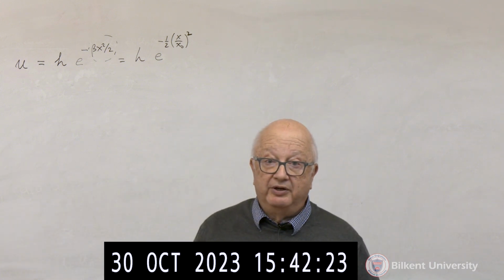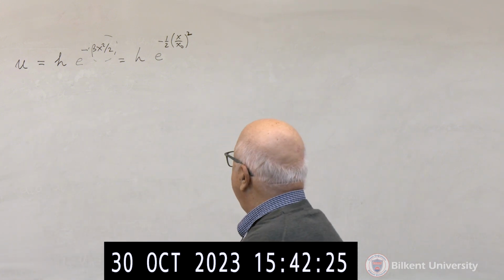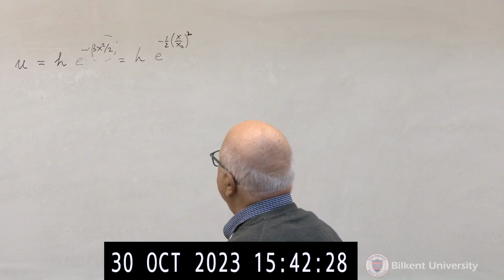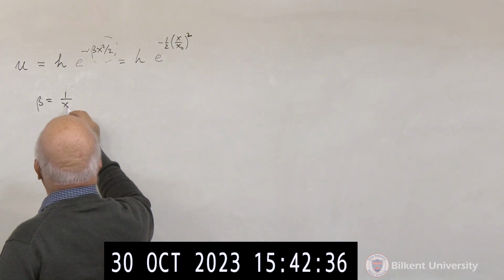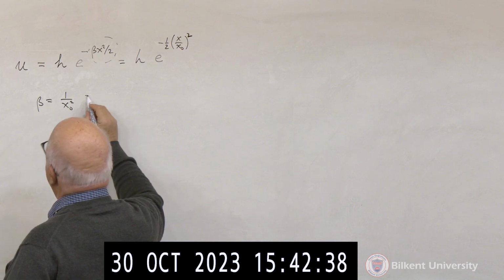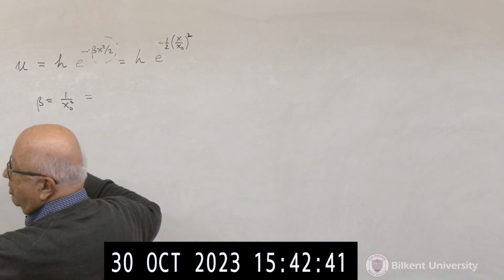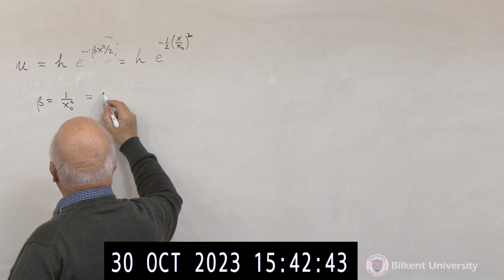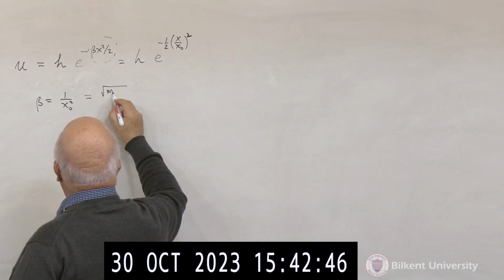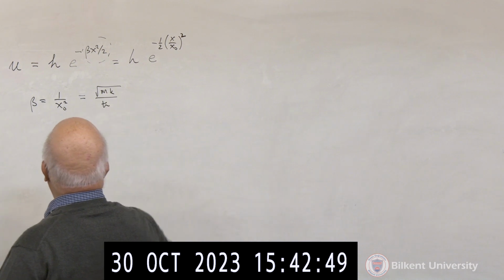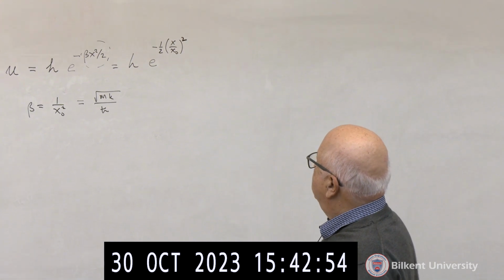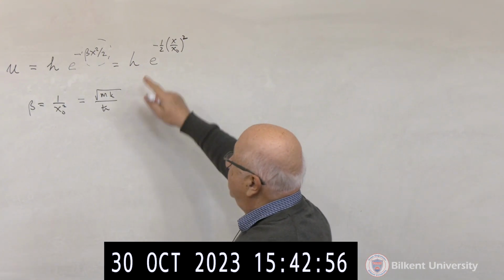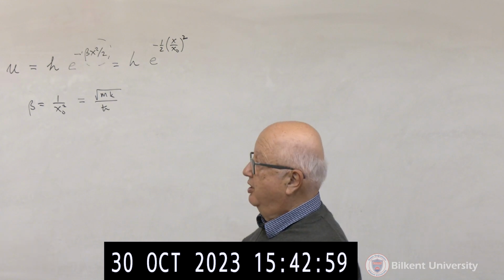It is a function of a quantity, and that quantity has to be unitless, and you can check easily that that means that beta is equal to 1 over x0 squared, and beta was equal to the square root of mk over h bar. So that's the form when x becomes very large.